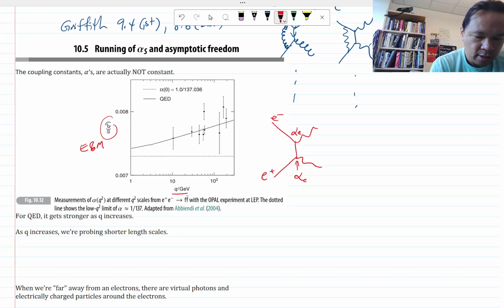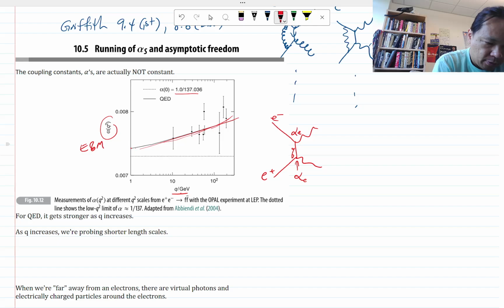This coupling is actually proportional to the momentum exchange between the electron and positron, and hopefully you can see that this is going up as a function of Q. So that's a little bit interesting.